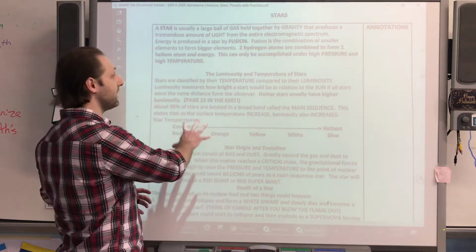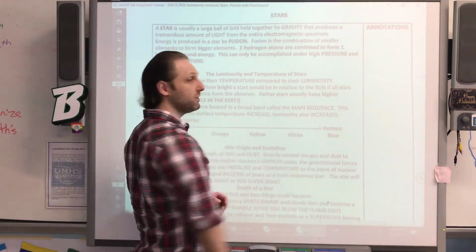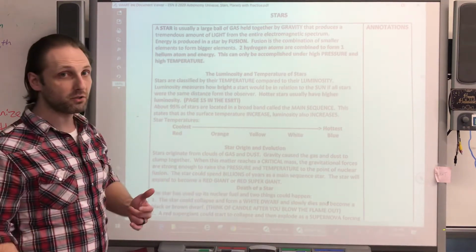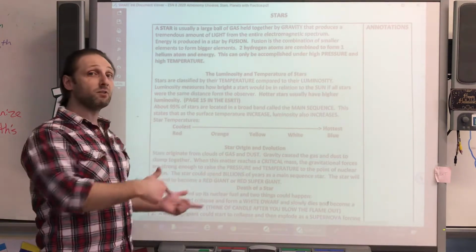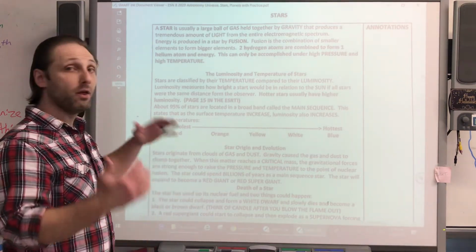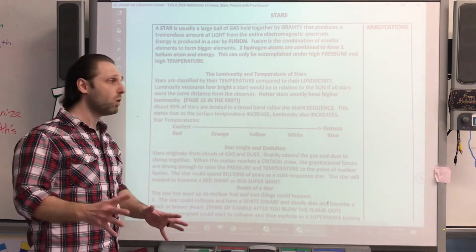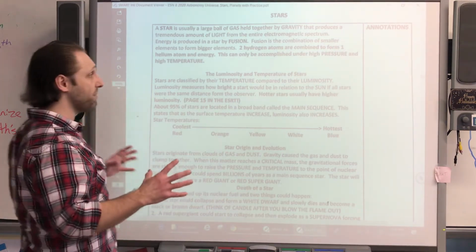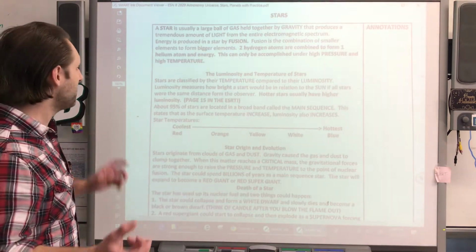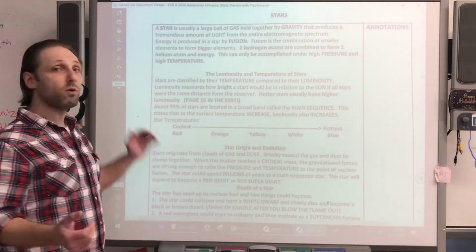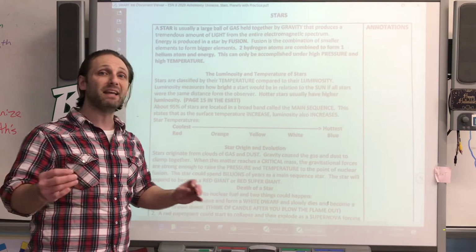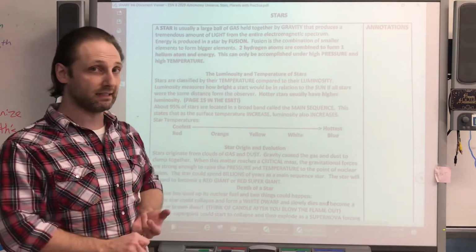So let's take a look at the temperature scale here in terms of the hottest stars and the colors associated with them, and then we're going to dive into the reference tables and take a look at how the graph works out there on page 15. About 95% of stars end up on something called the main sequence. The main sequence is an area where most stars reside based on their temperature and luminosity conditions.